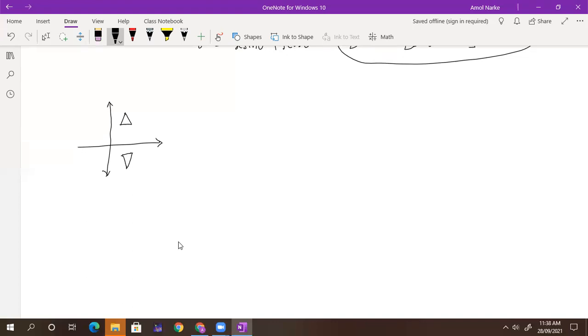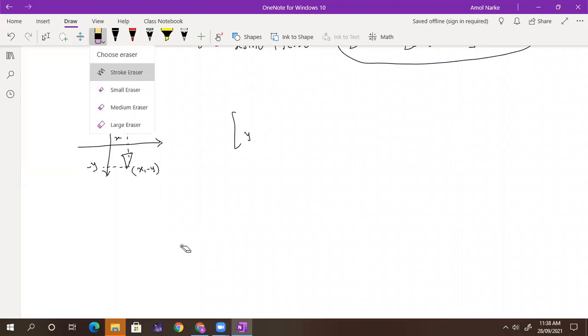Suppose I consider a point x comma y here. This is my x, this is my y. When it comes here, my x remains the same, my y changes to minus y. So the new coordinates are x, minus y. Initially we have x, y.